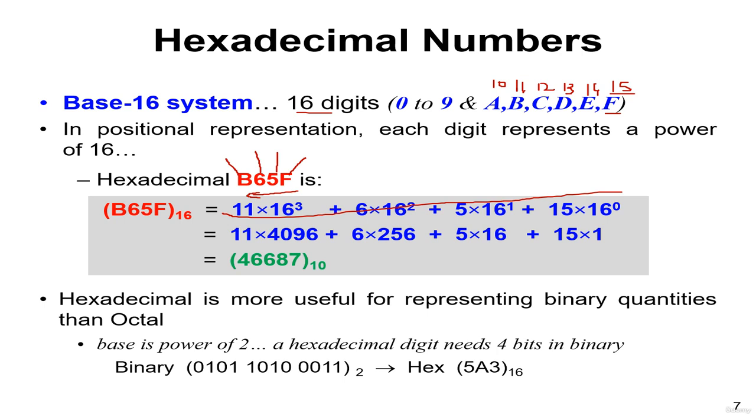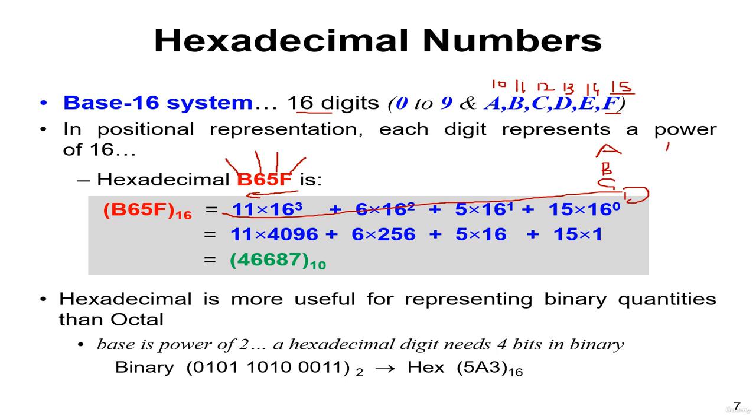B is 11, right? So once you are dealing with hexadecimal numbers or questions or any conversion involving hexadecimal, what you can do is, on the right hand side of the paper or anywhere, write these mappings if you don't remember them.